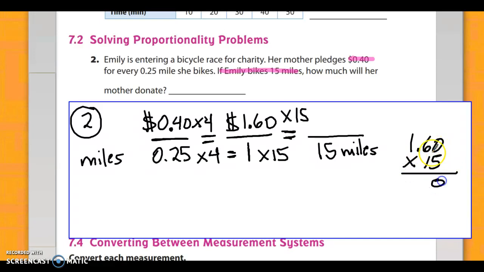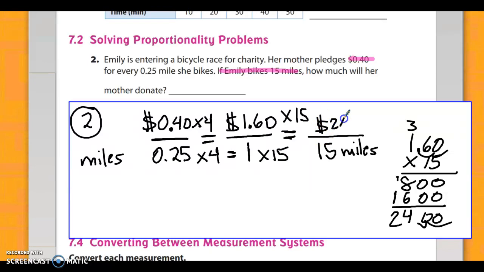Five times 0 is 0. 5 times 6 is 30. 5 times 1 is 5, plus 3 is 8. 1 times 0 is 0. 1 times 6 is 6. 1 times 1 is 1. Adding up, we get $24. And that is the answer. It's $24. All right, let's move on.